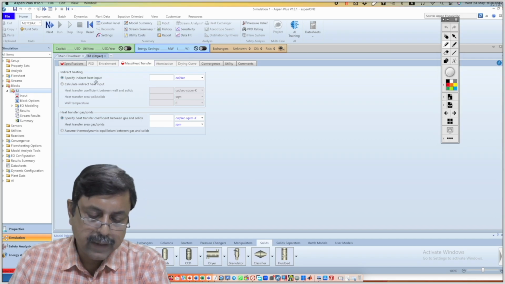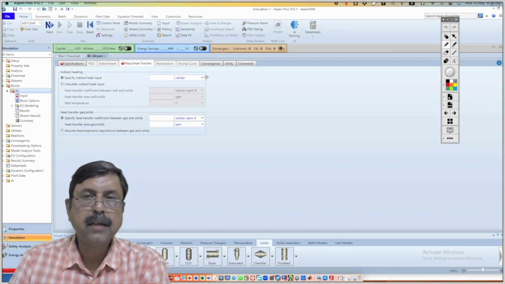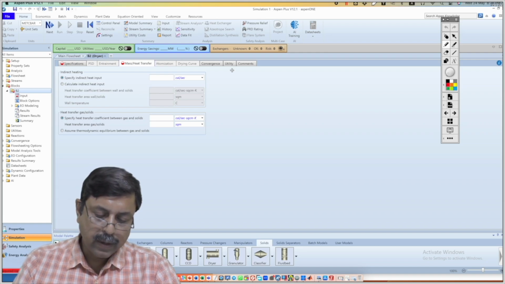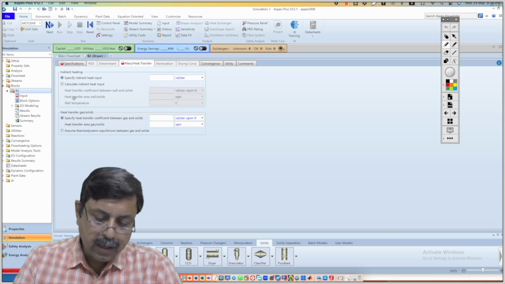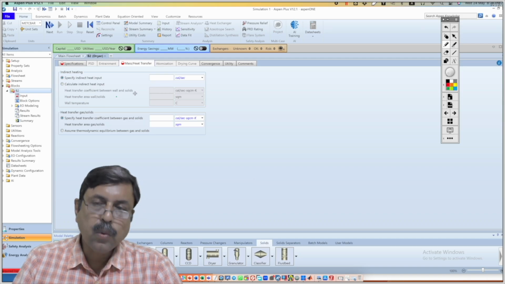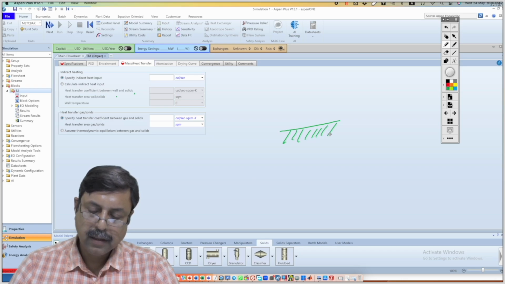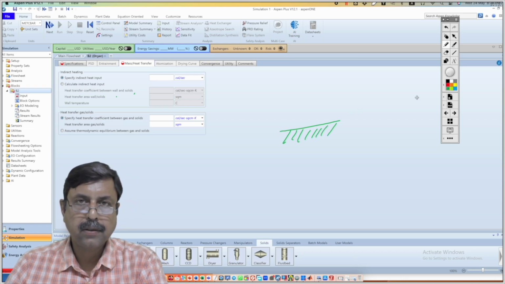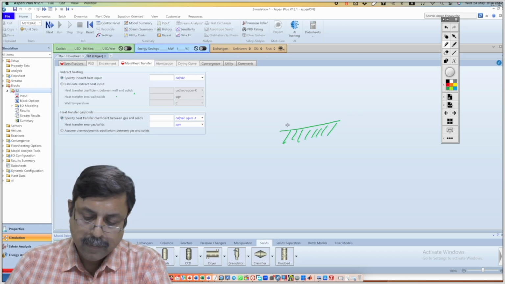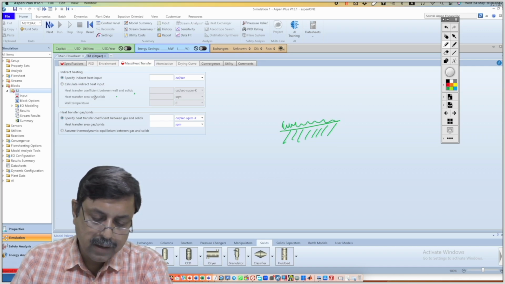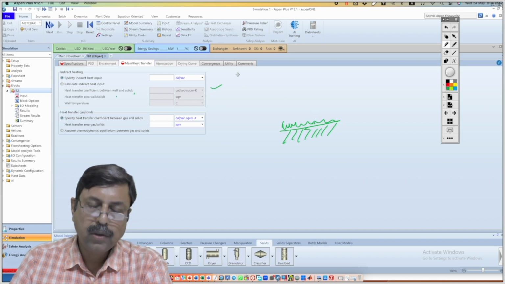Here you can specify the indirect heat input, say 50 kilowatt or so, or else you can give certain data like the heat transfer coefficient between wall and solids. Suppose this is the heating plate, okay, and here you have the solid. So what is the heat transfer coefficient between the wall and the solid? That you can specify.